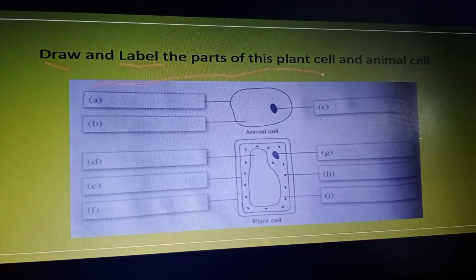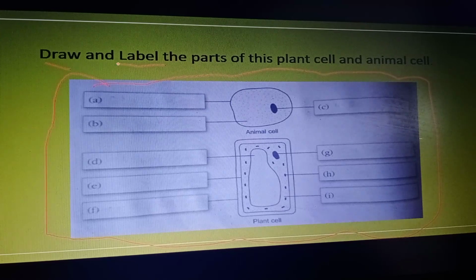I think it's quite easy to copy this one. And try to label. There are boxes there. Try to identify what is the name of the different parts of this cell presented to you. So draw and label the parts of the plant cell and animal cell.